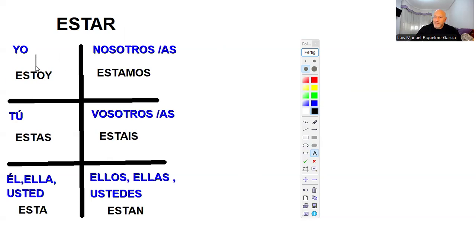Yo estoy, I am. Tú estás, you are. Él está, he is. Ella está, she is. Usted está, you, very polite, are. Nosotros estamos, we are. Nosotras estamos, we are, but the whole group is ladies.